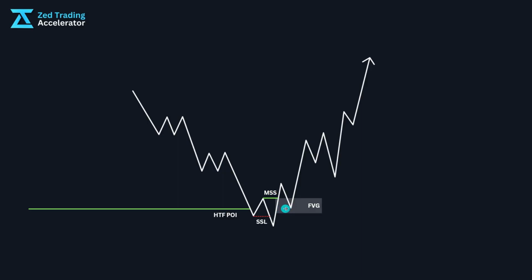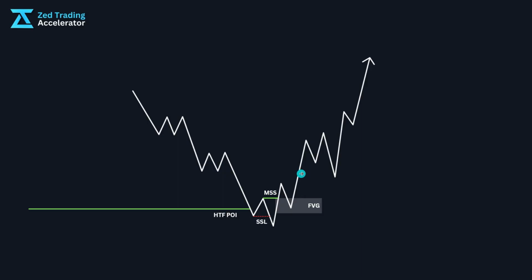This is exactly your first entry. You can enter buy right here, target the nearest buy side liquidity, or maybe aim for 1 to 2 risk to reward. That's your personal choice. After that, the price should continue higher and then retrace lower once again, ideally taking out another sell side liquidity, at the same time reacting into a fair value gap or an order block.